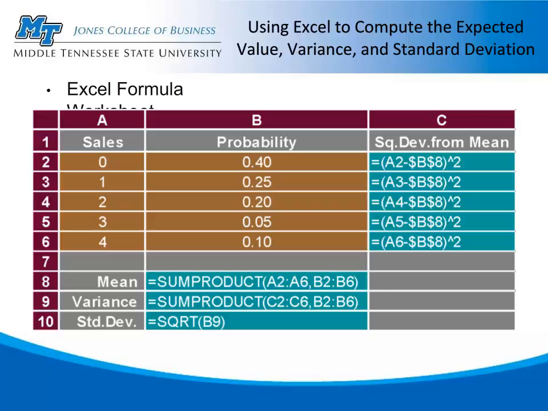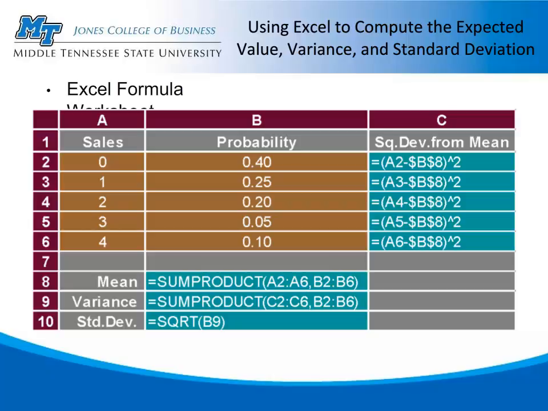But those numbers are what you need to multiply times the probabilities and sum up the products to get the variance. And that's what the formula in B9 is doing. You're taking the sum product of the squared deviations from the mean that are in column C, and element by element you're multiplying them times the probabilities.